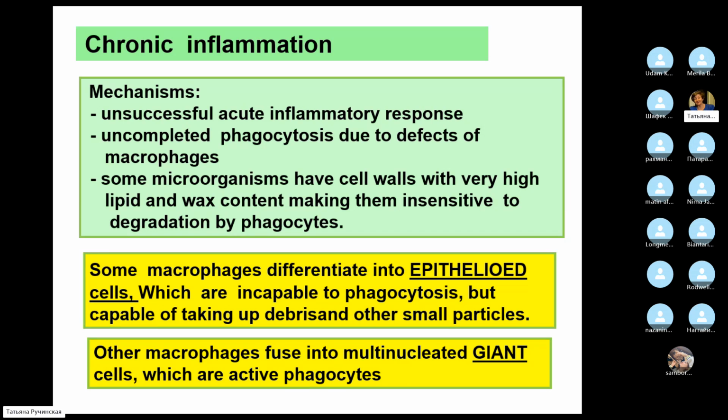The other type of macrophages can bind to other macrophages, and that is why multinucleate cells appear. Now you understand, there will be a cell which has a very large volume, named giant cells. These cells can act as phagocytes.